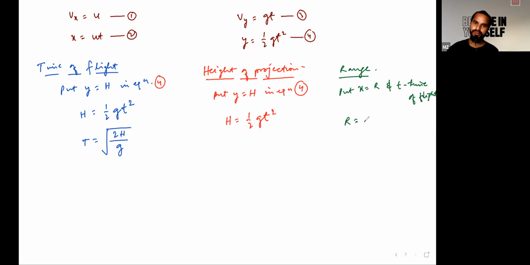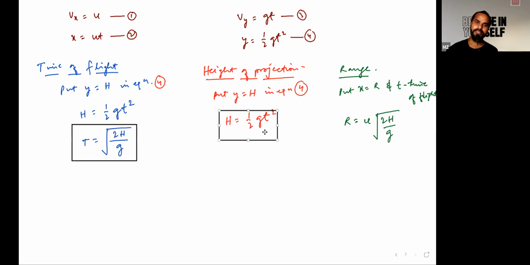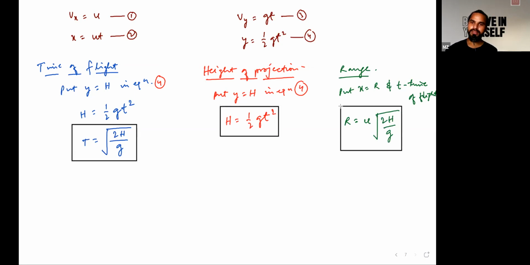So r is equals to u times root under 2h by g. So these will be your different expressions regarding time of flight, the height from which the body has been dropped or thrown, and the total horizontal distance it will cover till it hits the ground.